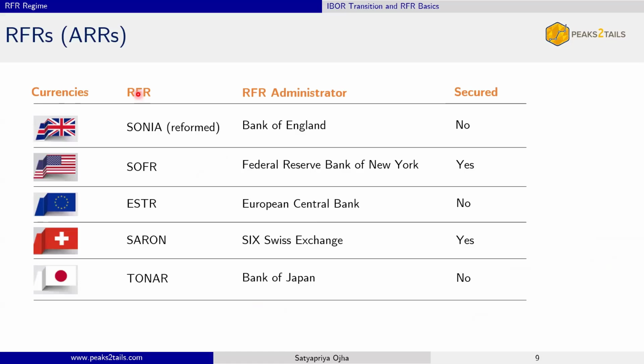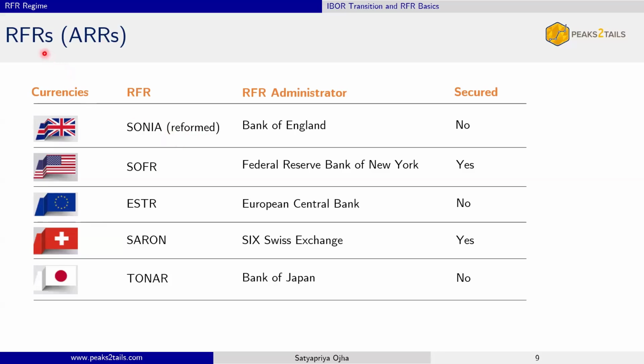As I said, SOFR is for US dollars. Remember, there are 5 currencies that were part of LIBOR, 5 currencies and 7 maturities. That is what LIBOR used to be. SOFR is again the rate for US dollars. Similarly, other currencies adopted different reference rates.